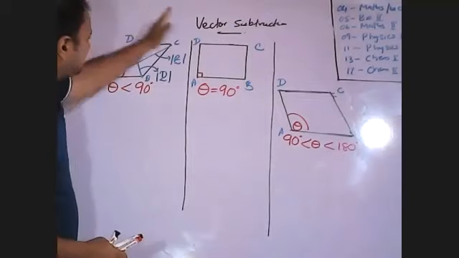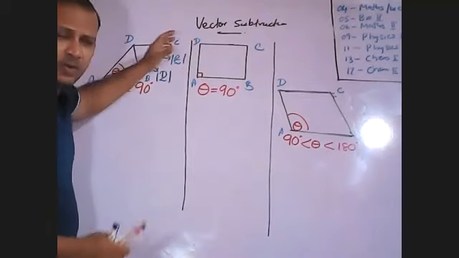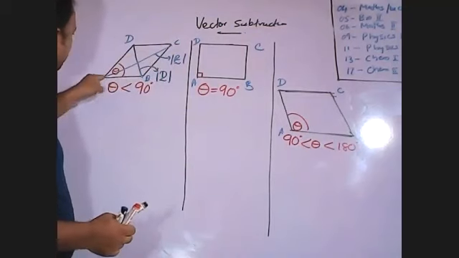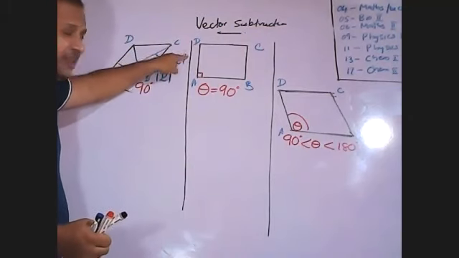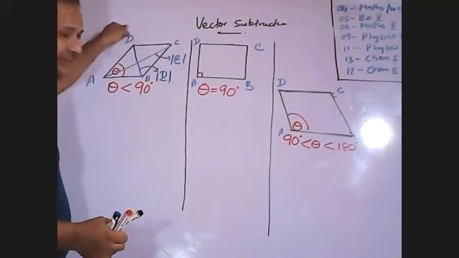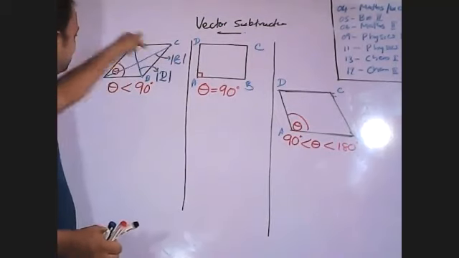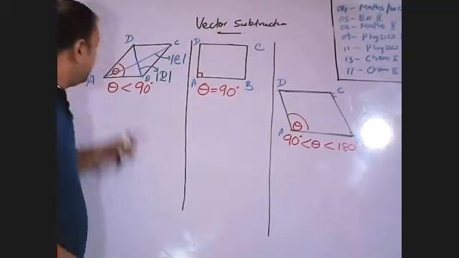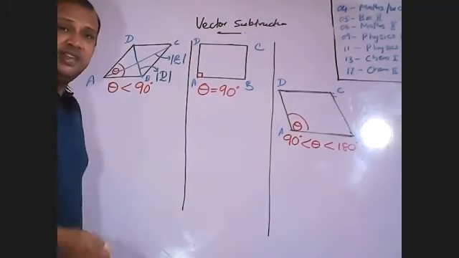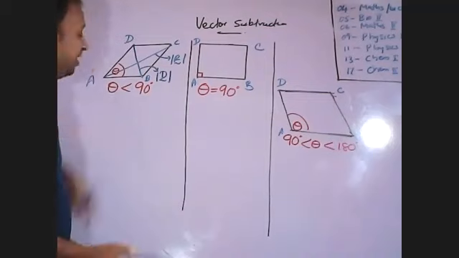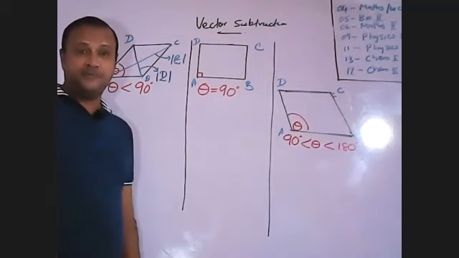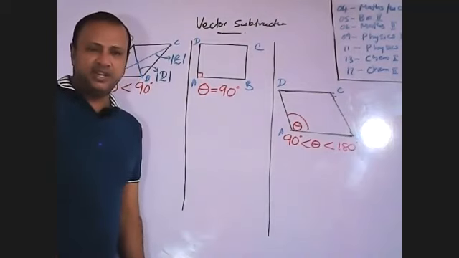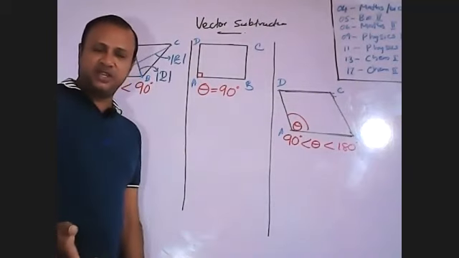You can clearly see the AC length is greater than the DB length. So if the AC length is greater than the DB length, definitely theta should be an acute angle. So this is the geometrical explanation.